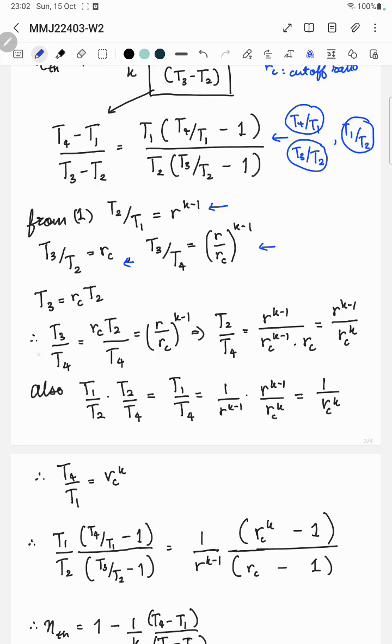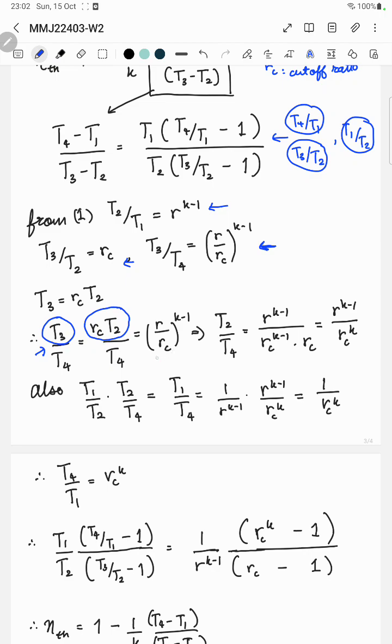So you can first calculate the ratio of 3 over 4 from here. So this is for 3 over 4. And from the cutoff ratio, we can know the values of T2, so we may replace T3 with rc, the cutoff ratio, multiplied by T2.